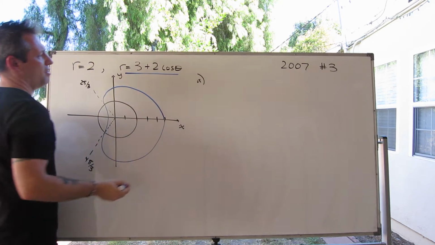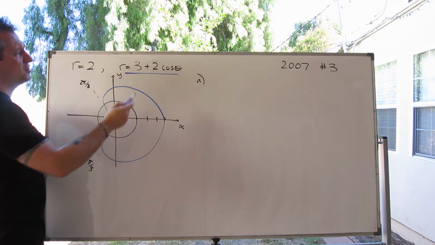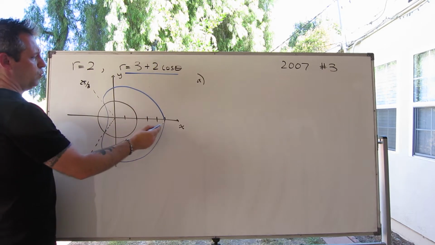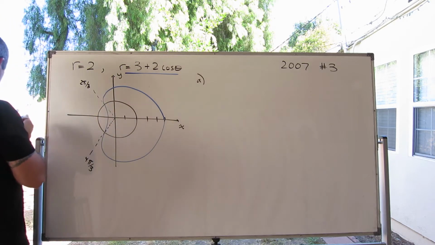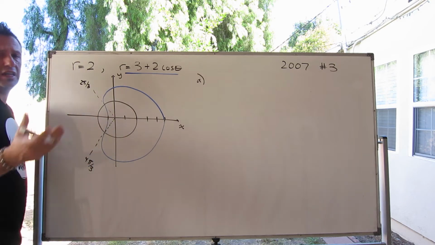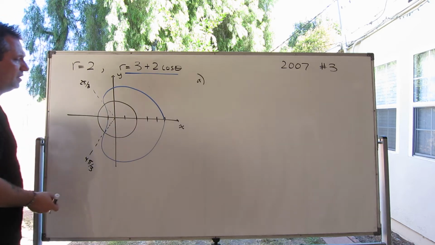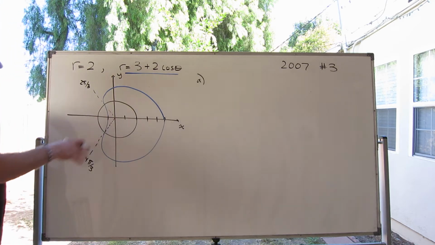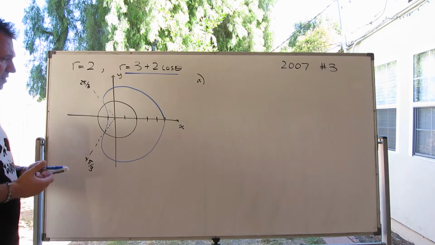You can see that when theta equals pi, cosine of theta is -1, so we get 3 minus 2, which is 1. So this comes in, and the smallest r ever gets is 1. This graph would be actually very easy to draw by hand because there's no negative r's that we have to worry about here. So I'm going to break this integral up into two pieces, and in fact I'm going to use a fair amount of symmetry.